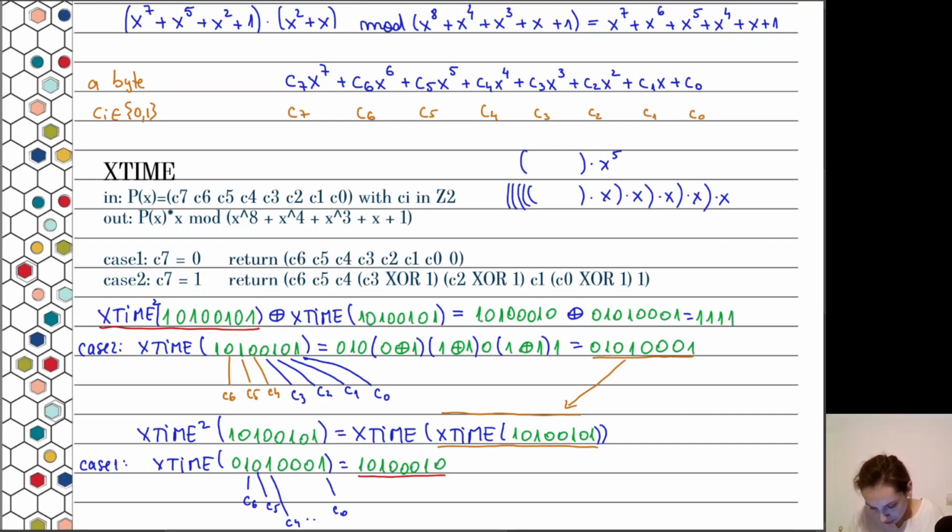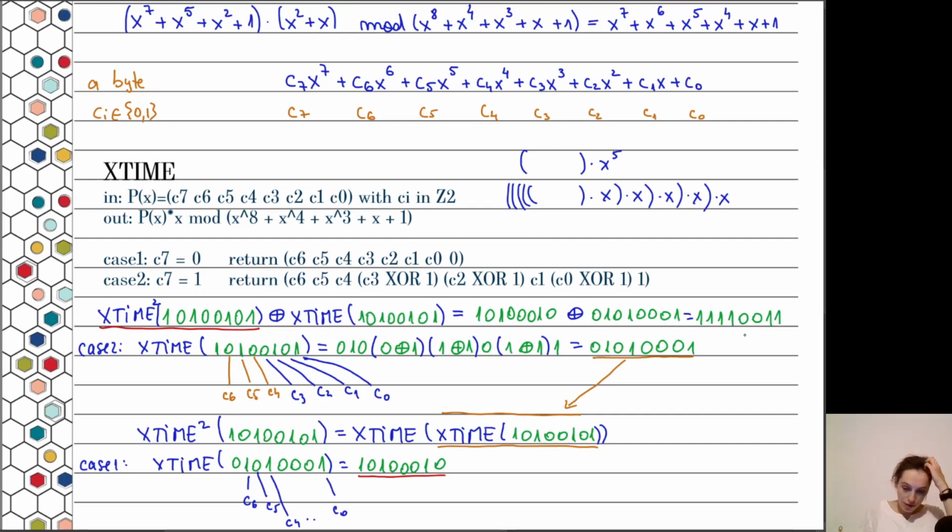The fifth bit, 0 XORed by 0 is 0. The sixth bit, 0 XORed by 0 is 0. 1 XORed by 0 is 1. 0 XORed by 1 is 1.